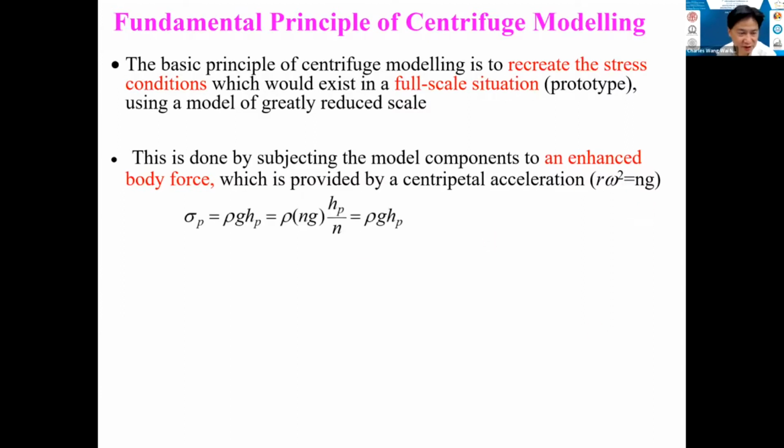And mathematically, we can easily show that the subscript p stands for prototype stress, or initial stress, sigma, and in the field, it's rho g h_p. And in a centrifuge, we can reduce the dimension, say the height, by n times. Then what you need to do is just increase the g level by n times. So you can get back the rho g h_p. Okay, so the principle, as I say, is extremely simple.